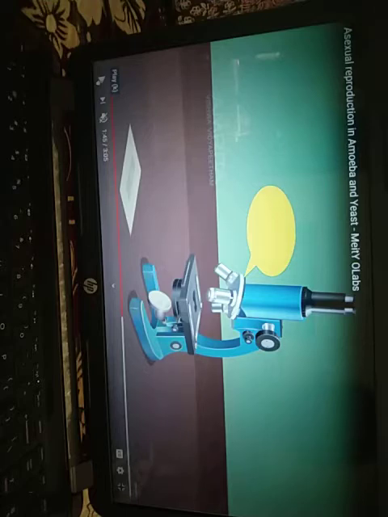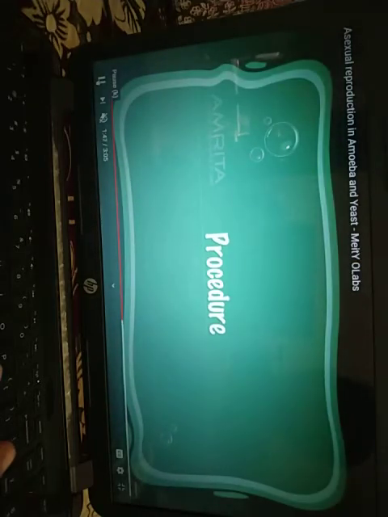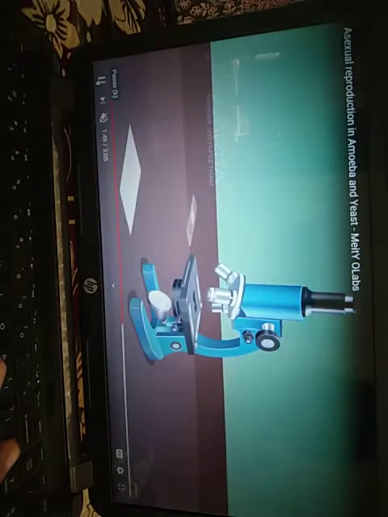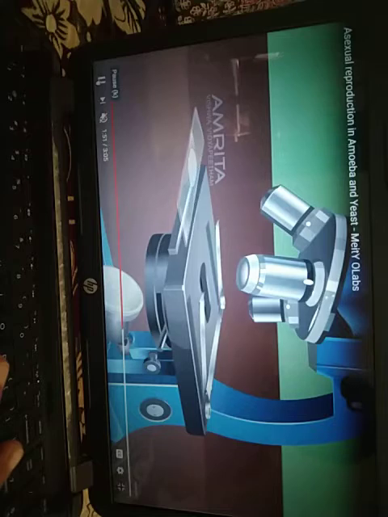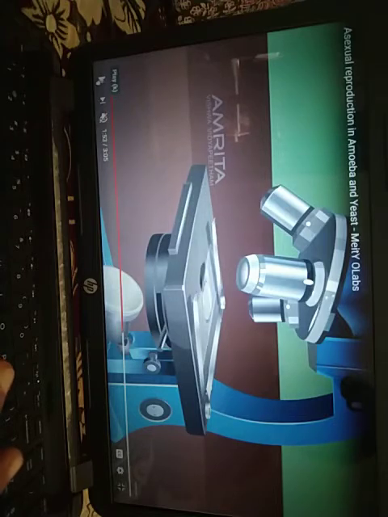We need a compound microscope and a prepared slide. Procedure: you can see we have placed the slide under the microscope, and then we'll observe the slide under the microscope.